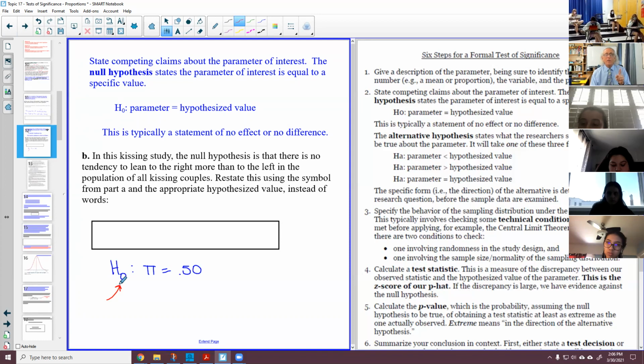But a better way to think about it is the null hypothesis is what we are trying to nullify. We're going to take steps to figure out whether we can reject the null hypothesis, right? We want to nullify the null hypothesis. And maybe we can, and maybe we can't. So in this case, the null hypothesis, H sub 0, is pi is equal to 50%, 0.50.